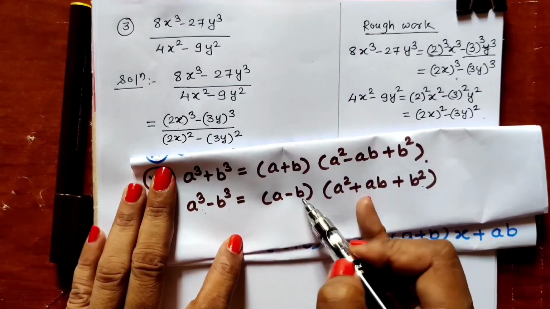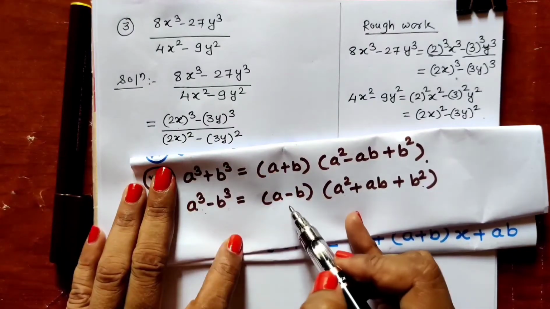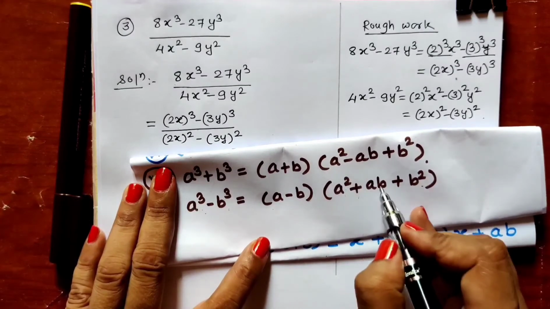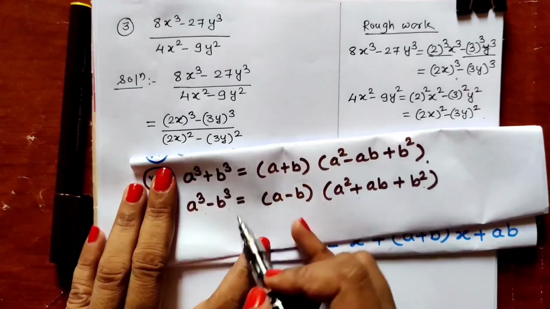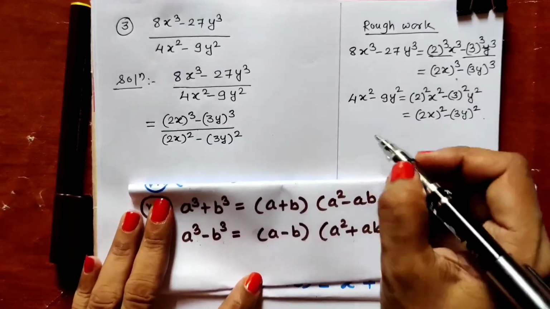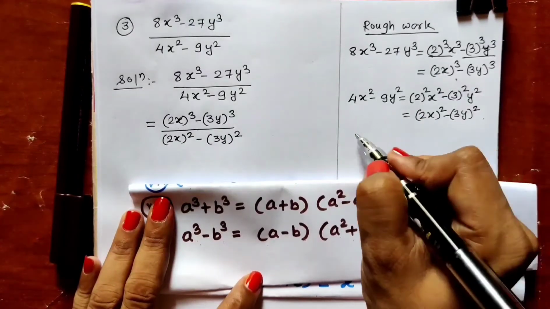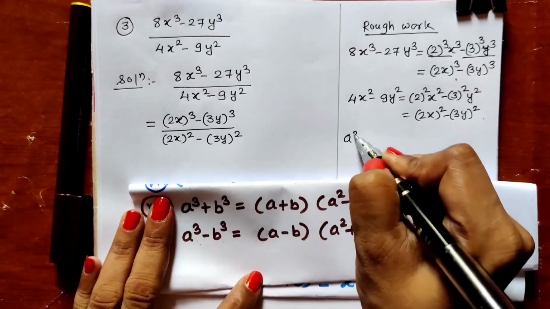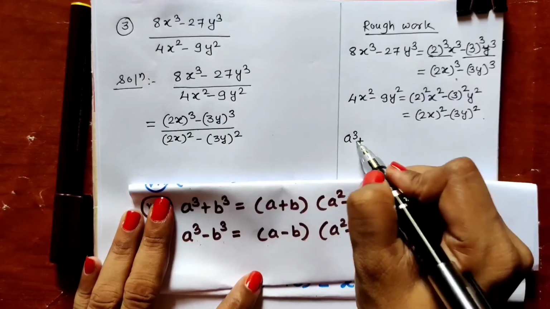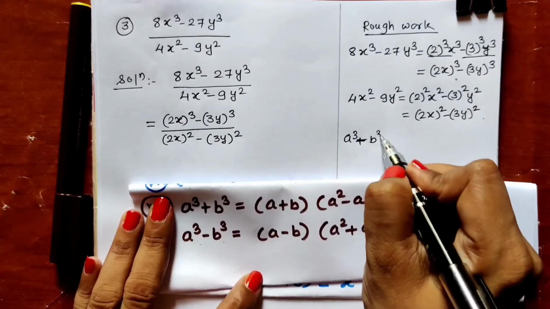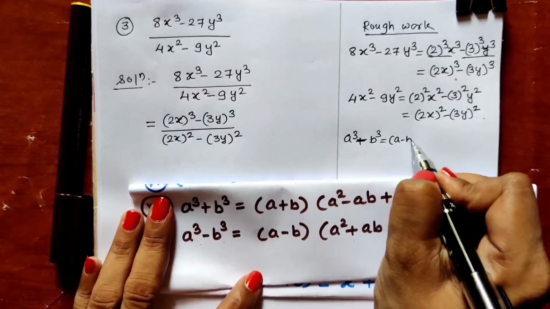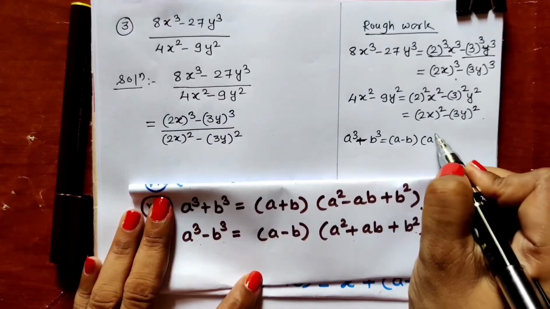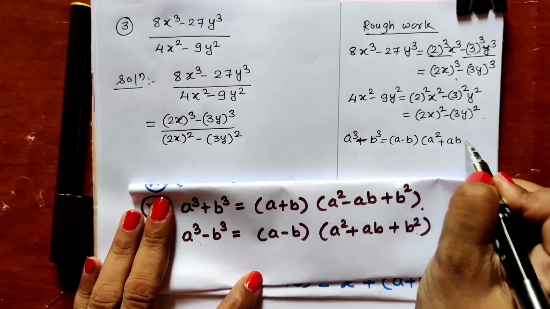So the first bracket a minus b means 2x minus 3y. Second bracket a square plus ab plus b square. So we will be applying this formula here. Okay, I will write here. The formula is a cube minus b cube is equal to a minus b in the first bracket, and in the second bracket a square plus ab plus b square.